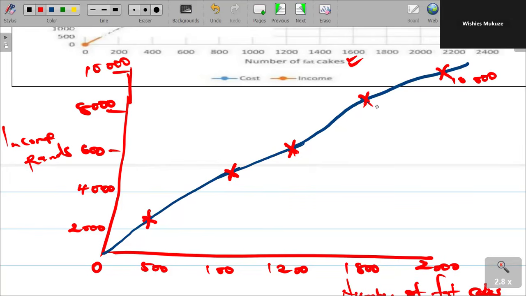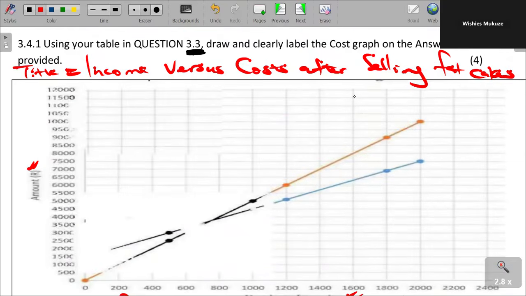Label them so you do not make mistakes and the marker understands that you know what you are doing.